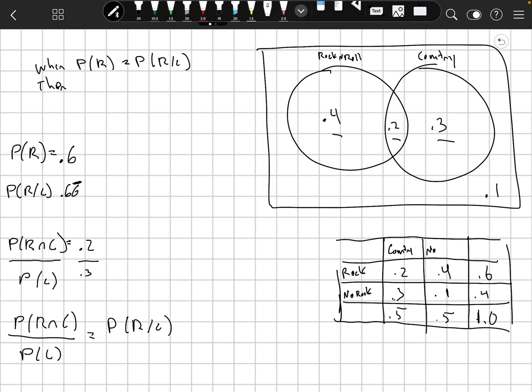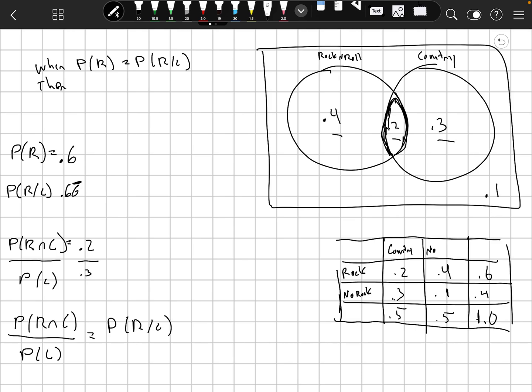We'd add those together and then subtract out the 0.2 because it was listed twice, and you'd have the possibility of liking both rock and roll and country. But we're going to look at something different this time. We're going to focus on this piece right here in the center.